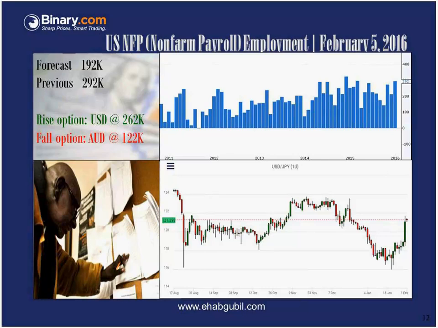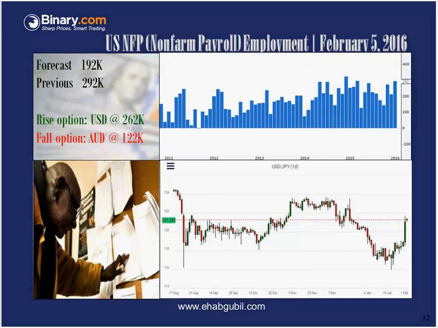So 120,000 or less with an unemployment rate at 5% or more, we will make full option definitely, especially because it means the Fed will potentially delay the timing for the rate hike.